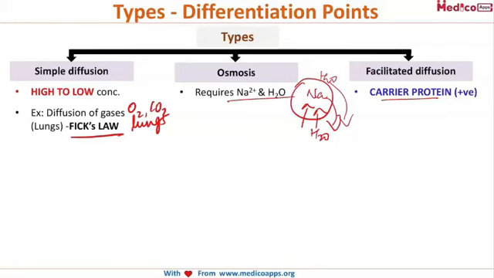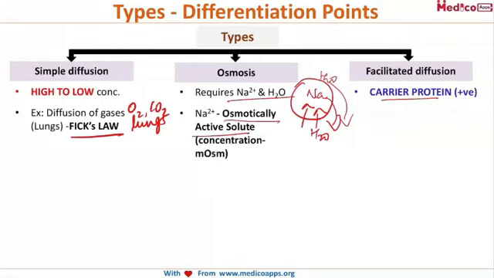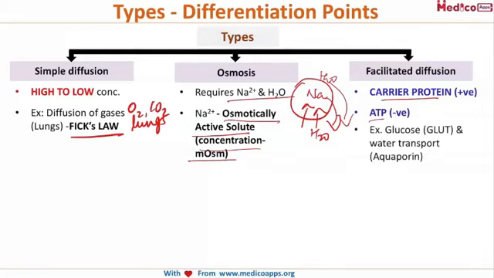Now, because sodium is always followed by water in osmosis, it is termed as an osmotically active solute, and the concentration is given by milliosmoles, right. And facilitated diffusion obviously does not require any ATP, and the important example is the GLUT transporter and the aquaporin that helps in water transport. GLUT helps in glucose transport and aquaporin helps in water transport.